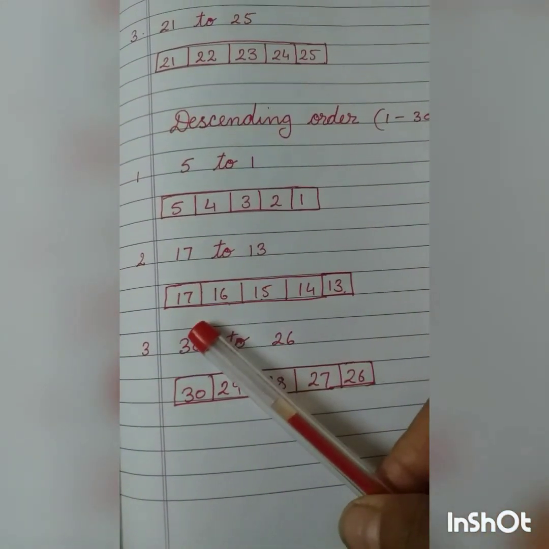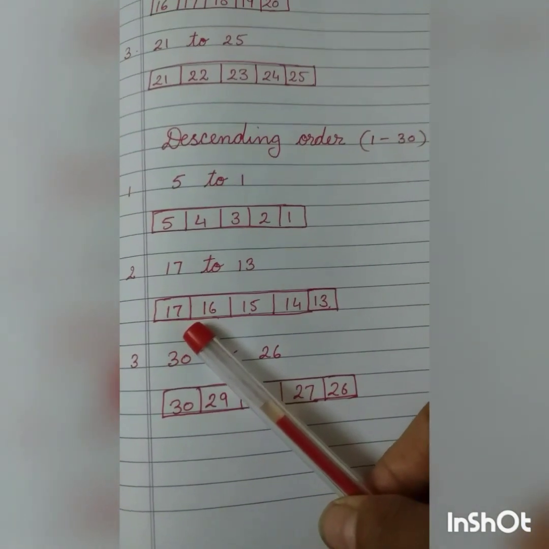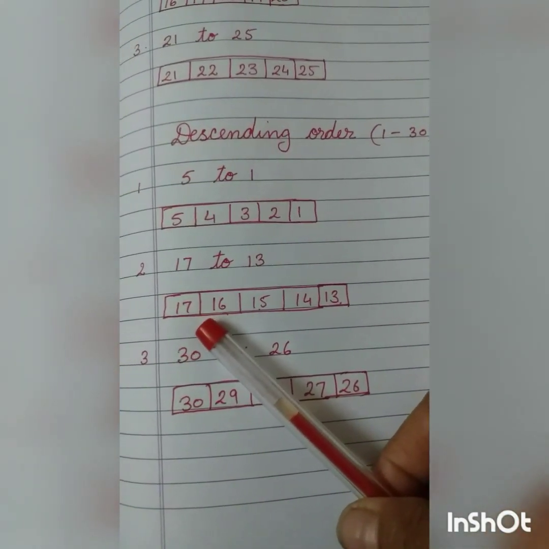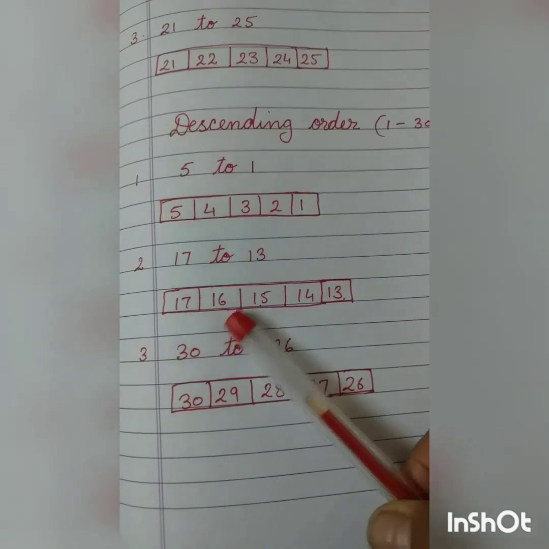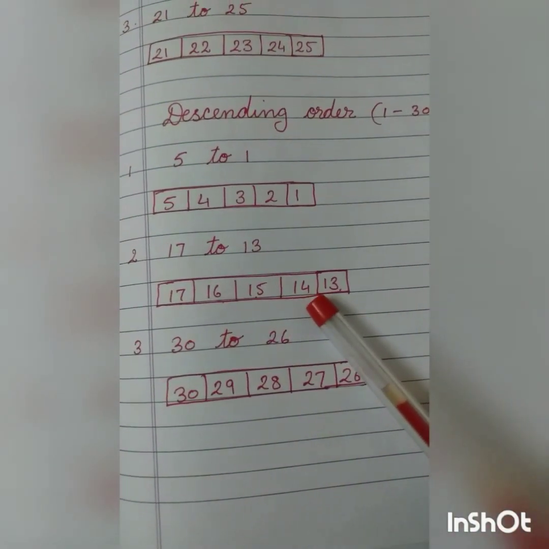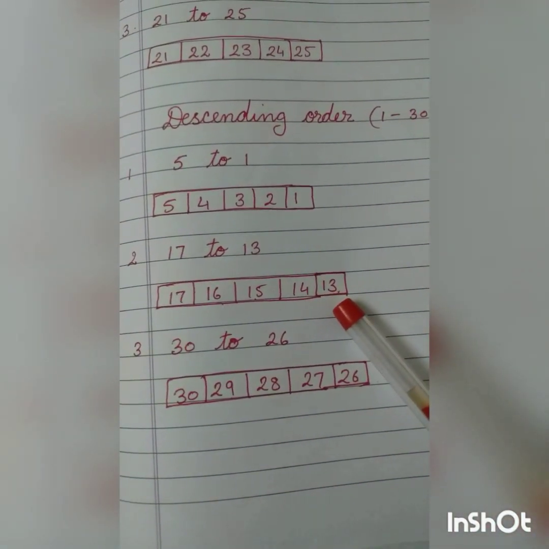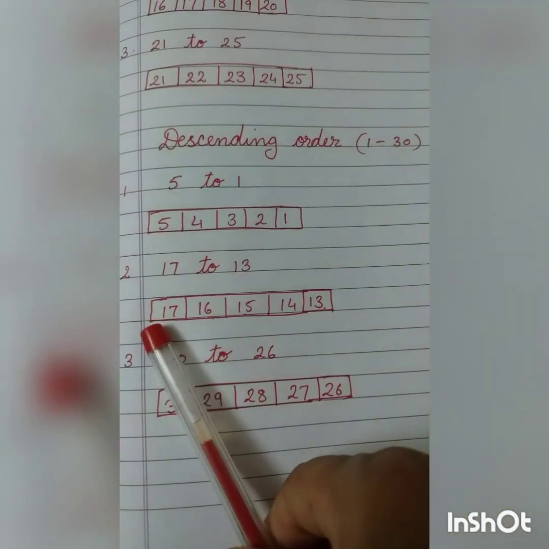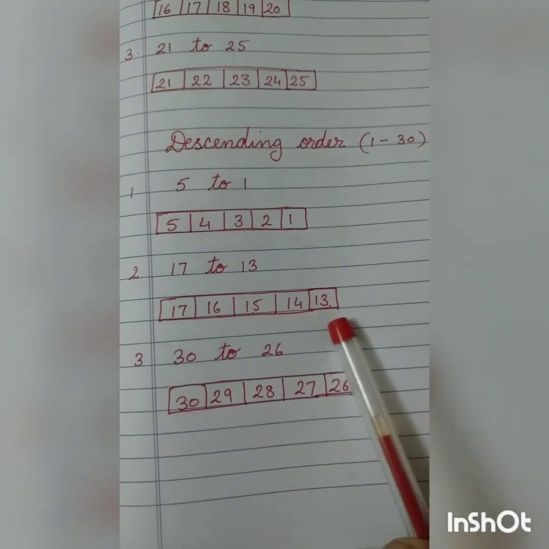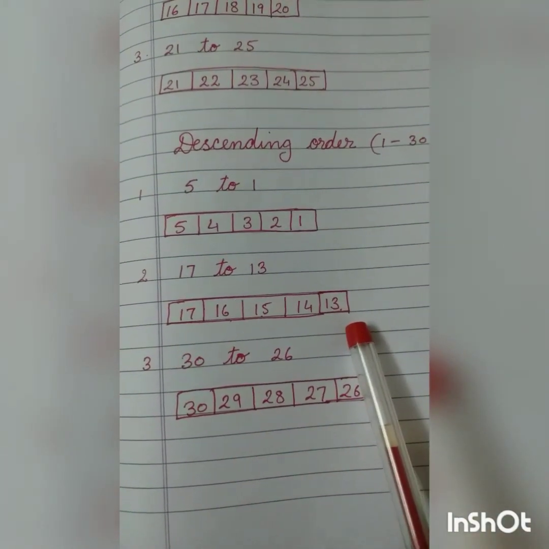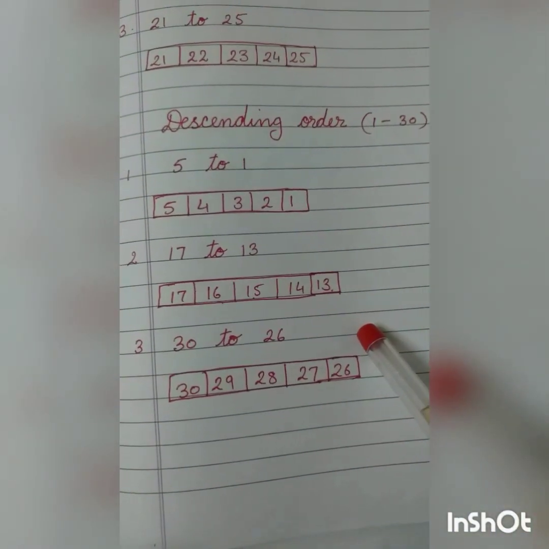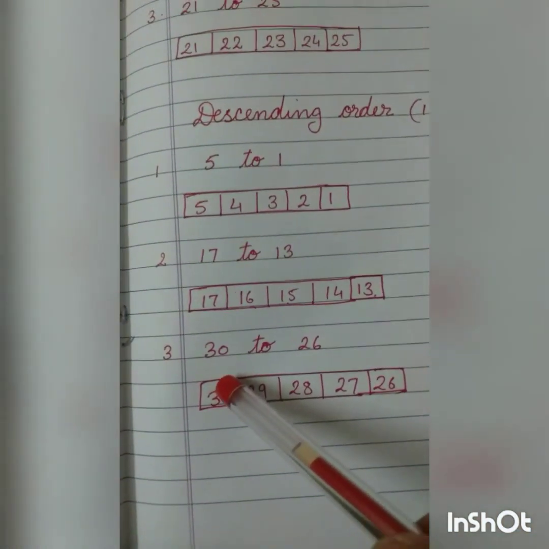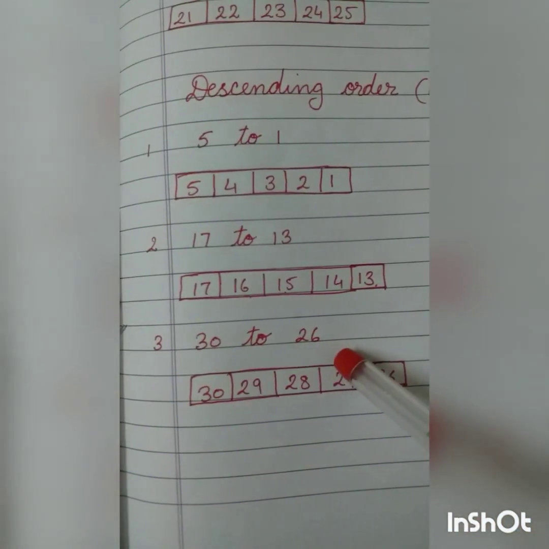So we will start from number 17. 17, 16, 15, 14, 13. You have seen here also I have written backward counting from number 17 to number 13. Third one is number 30 to 26.